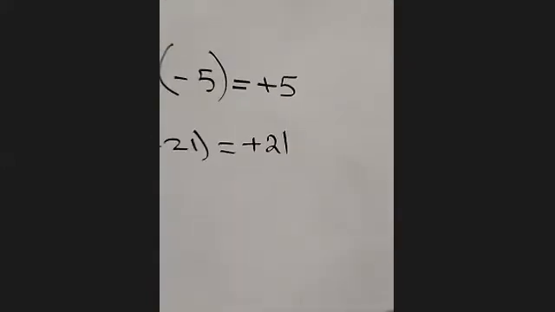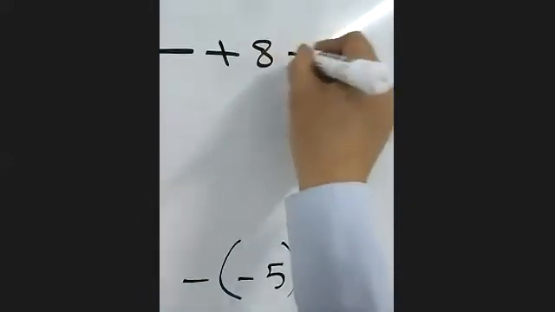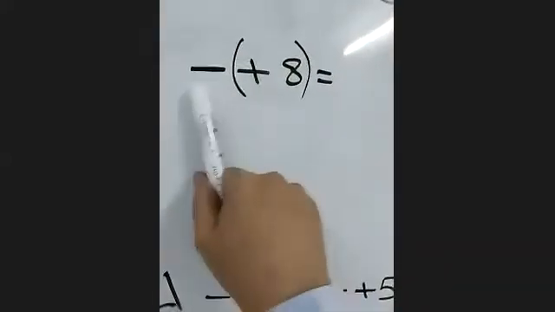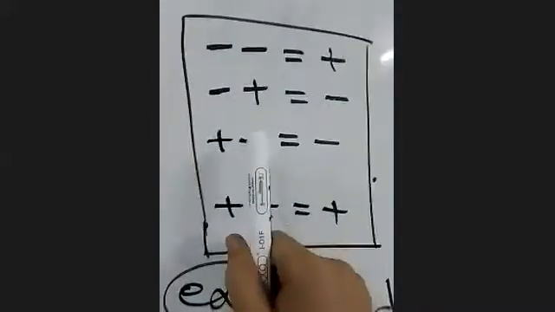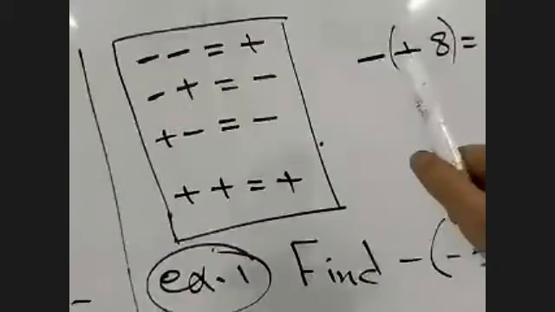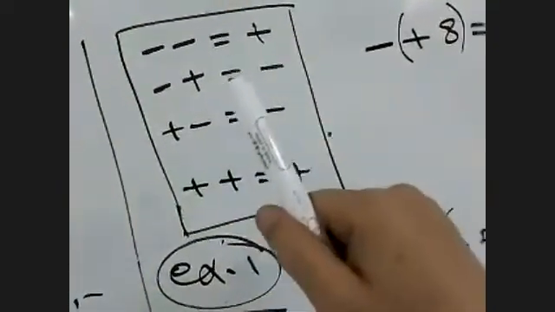Another example, negative positive 8. Go to the square. Negative positive means what? Negative. So negative positive 8 is negative 8.